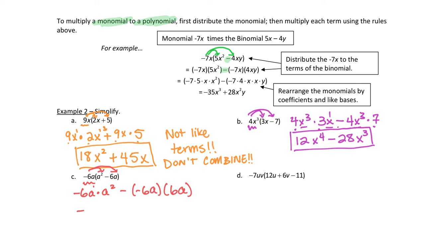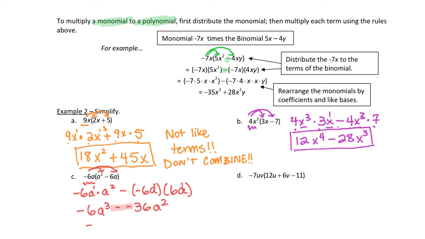Let's start with this. There's no numbers to multiply, so I get just a 6 and then a to the third. And here I've got this minus, but a negative 6 times 6 will be a negative 36. And then we've got a times a, so that will be a squared. We've got a small problem right here. You should never leave these as two negatives like that.